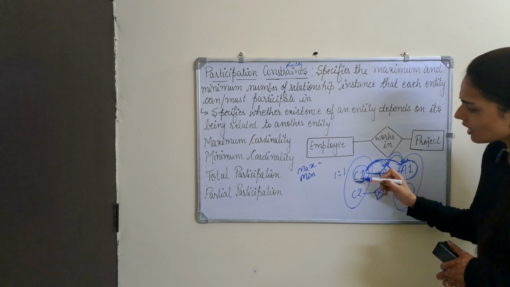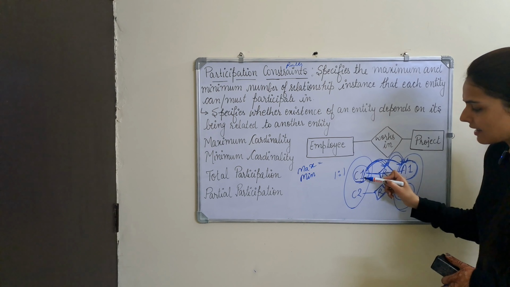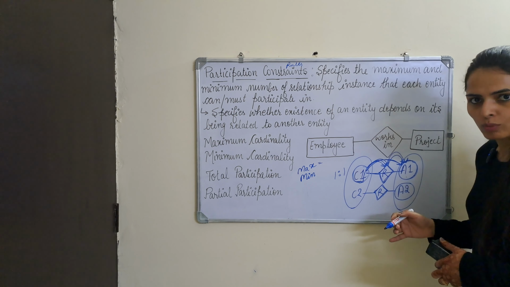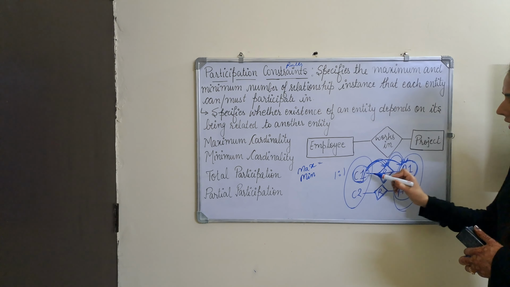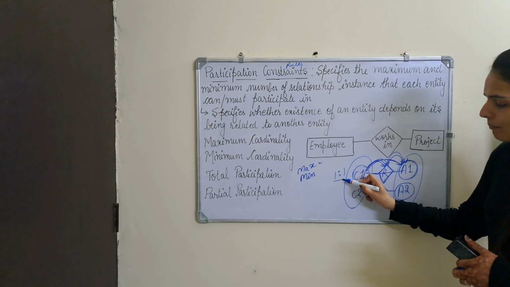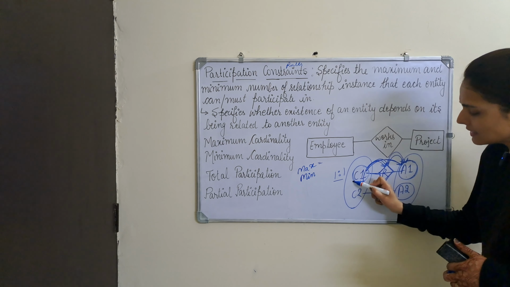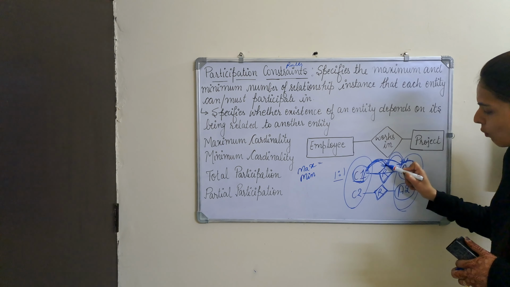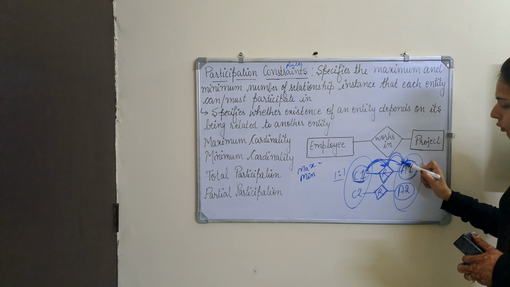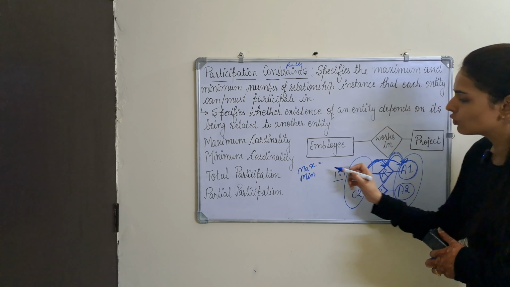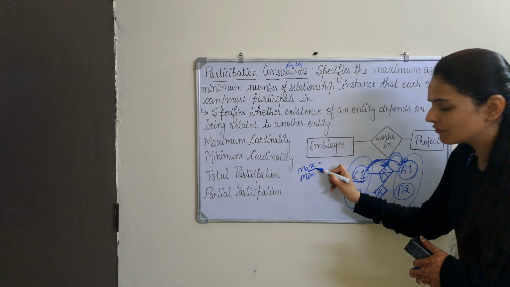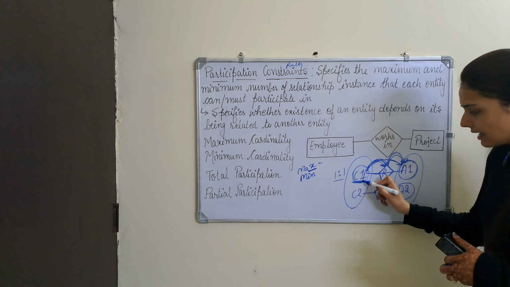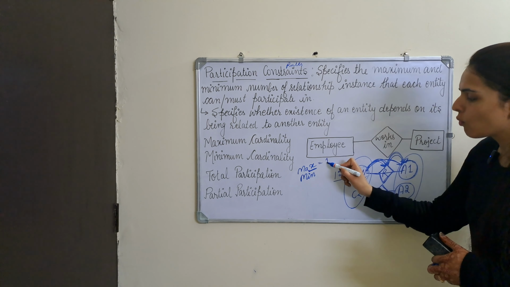Now how many relationship instances can this citizen 1 be associated with? We need to know that. We know this is a one-to-one mapping, so one citizen can participate in at most one relationship at one moment of time, right? So the maximum number of relationship instances in which a citizen can participate is 1.